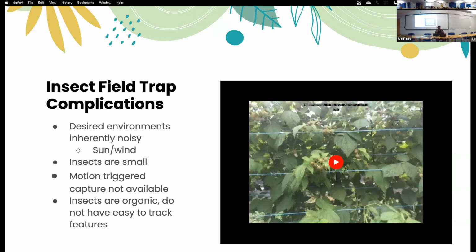We're looking at how the wind rustles leaves in the background, and how changes in brightness affect how visible the actual insects of interest are. As a result, it's hard for people to interact with this data, and any tool that we could use to speed up this process would be a lot of help for these researchers.